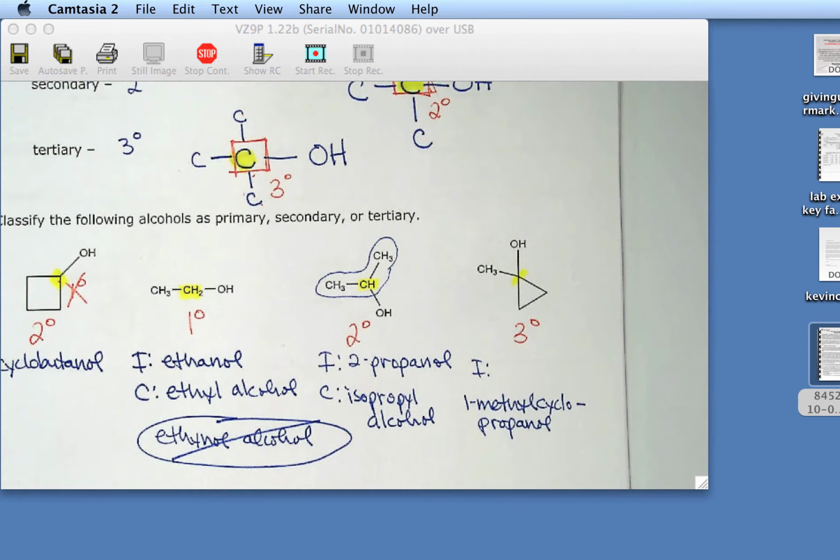It's kind of like cyclopropene. The double bond is always between carbons 1 and 2. The OH is always numbered 1 in cycloalkanol. So if it wouldn't have been numbered that way, the methyl would be 2.